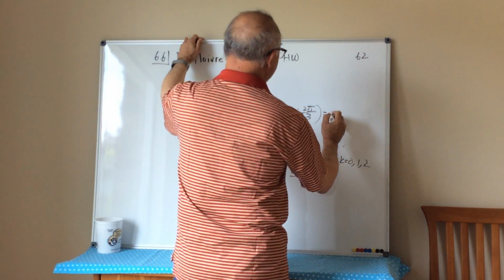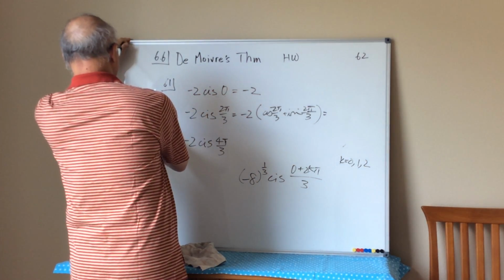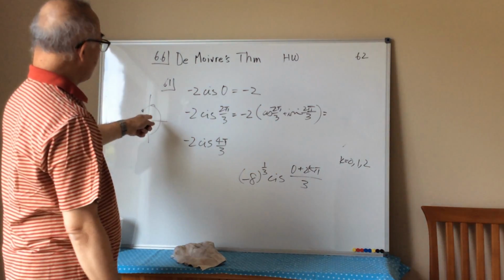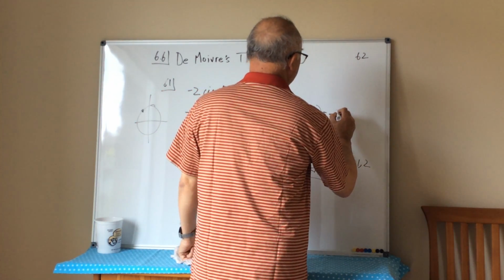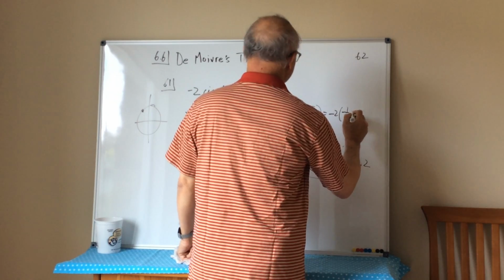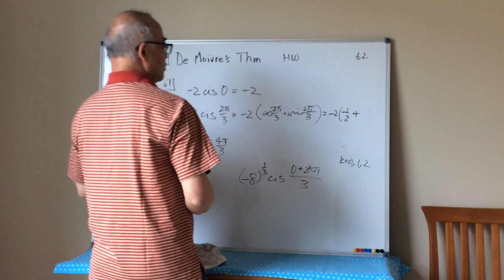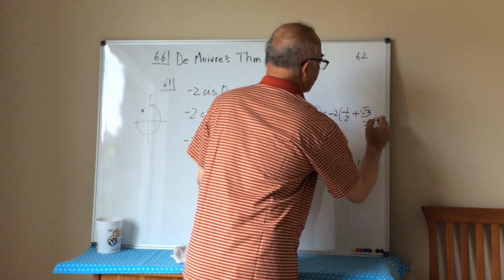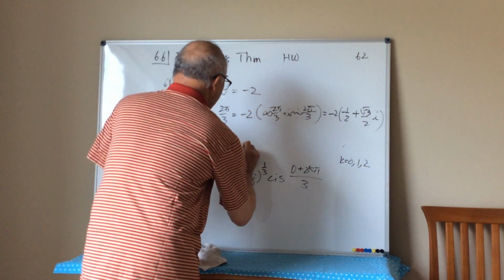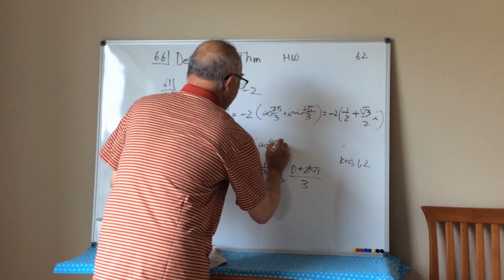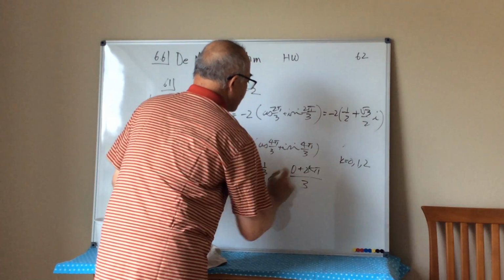The cosine of 2 pi over 3 has value negative 1 half, and the sine of 2 pi over 3 is root 3 over 2 i. Then over here, I'm going to get negative 2 cosine 4 pi over 3 plus i sine 4 pi over 3.